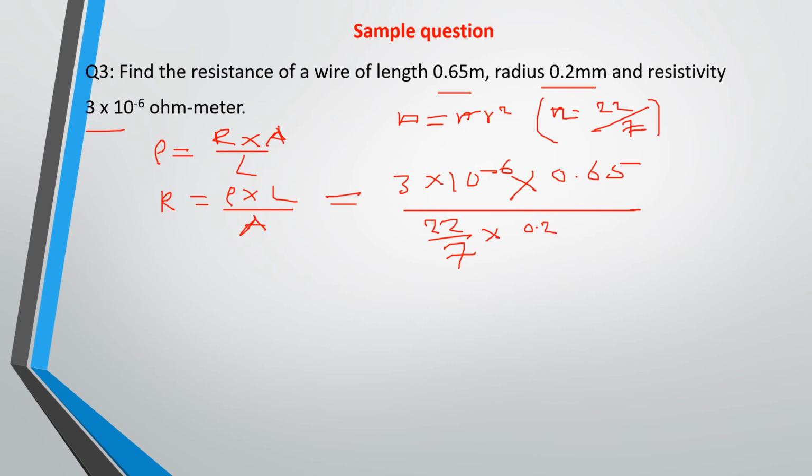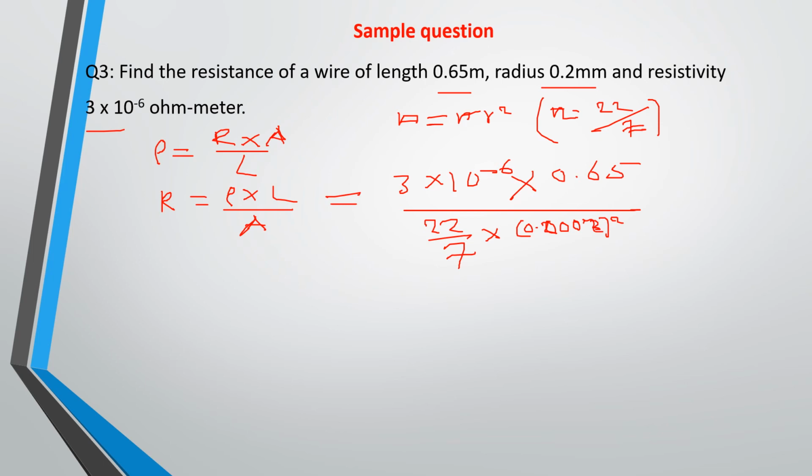Now this 0.2 you have to convert to meters, so you divide by 1000. You have 0.0002, all raised to power 2. So this is your radius.